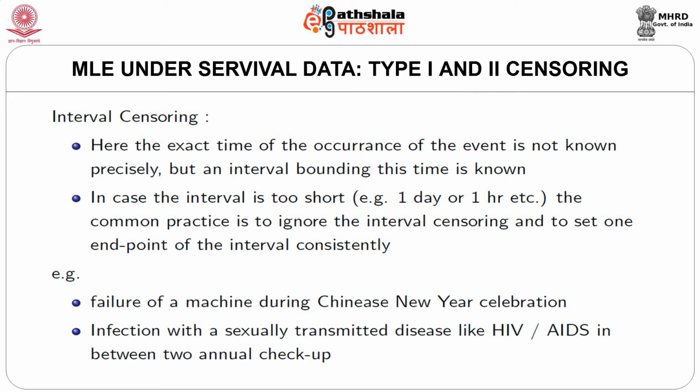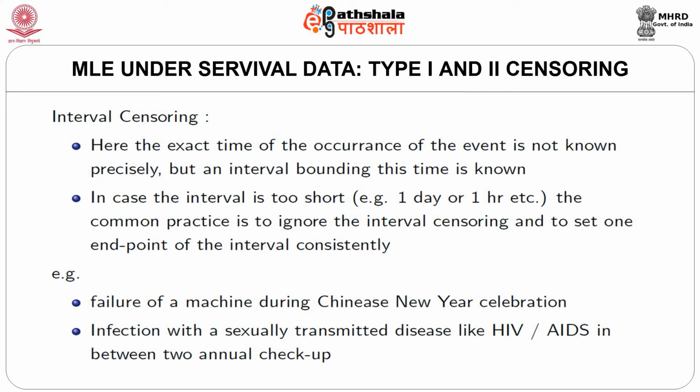In case the interval is too short, say for example 1 day or 1 hour, the common practice is to ignore the interval censoring and to set one endpoint of the interval consistently.